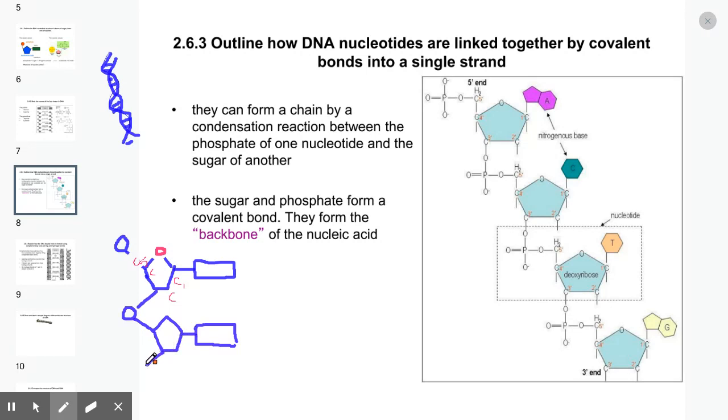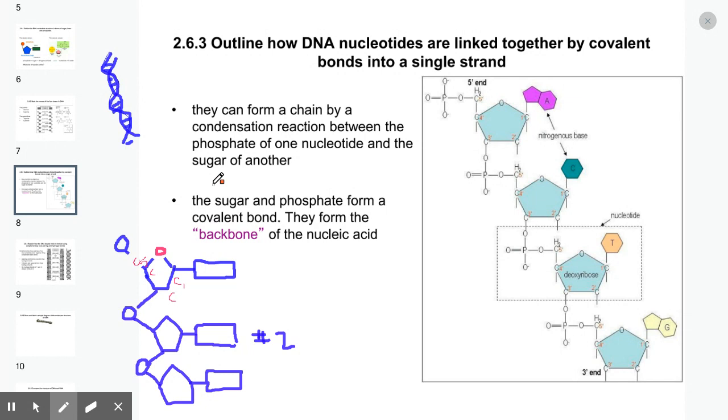Let's do one more. There's a covalent bond off carbon 3 of nucleotide number 2, connecting to the phosphate of our third nucleotide. There's our pentose sugar connected to our nitrogenous base. A couple of things about this.